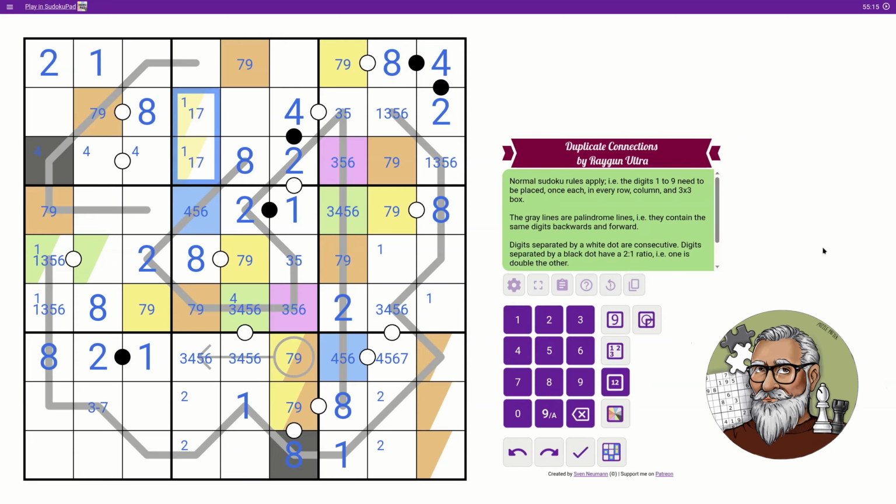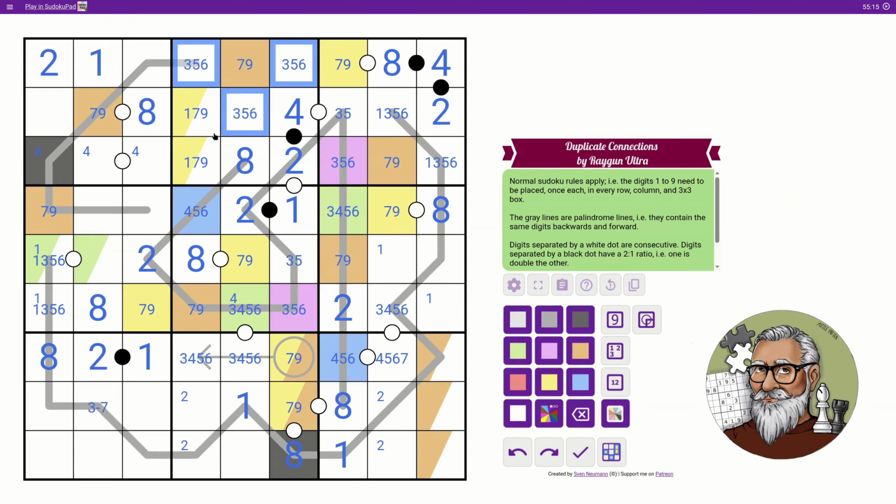So these are from 1, 7, 9. And these are from 3, 5, 6. I'm not sure if the coloring still helps for everything except the 7 and 9. Probably not, but okay. Maybe.